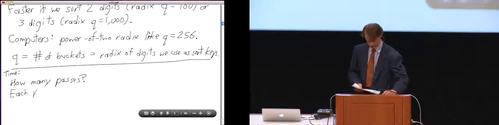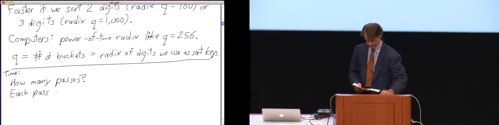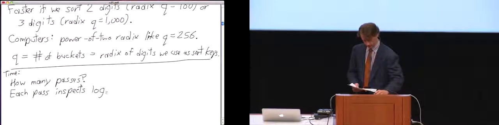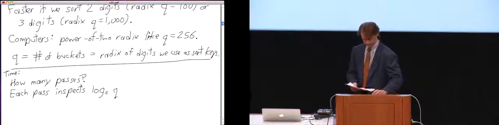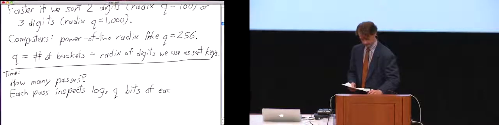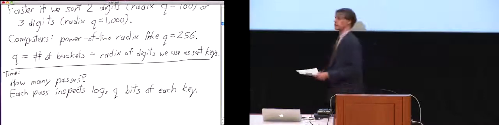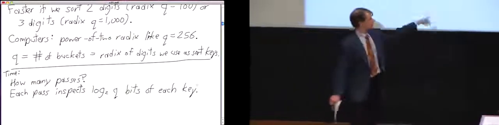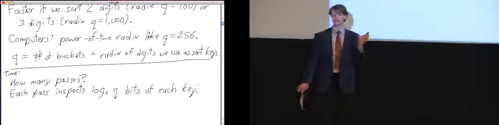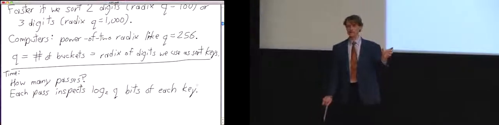So here's a slightly mind-blowing idea. Each pass that we do, if we have Q buckets, each pass is going to inspect log Q, that's the base 2 logarithm, bits of each key. So if I use 256 buckets, I am examining 8 bits of each key at a time.